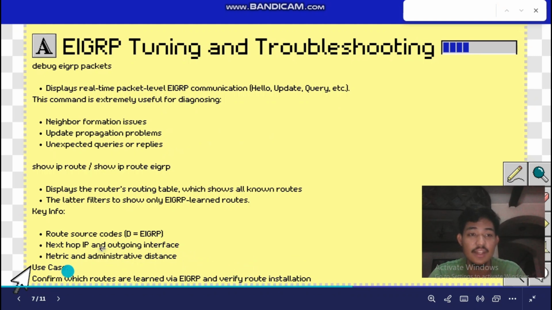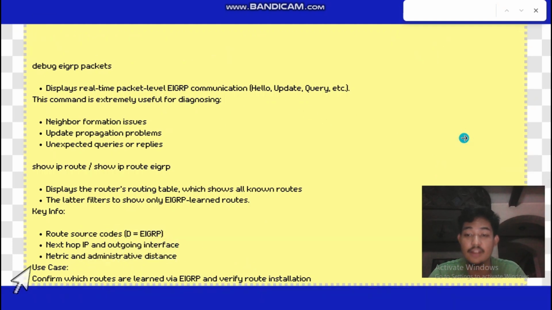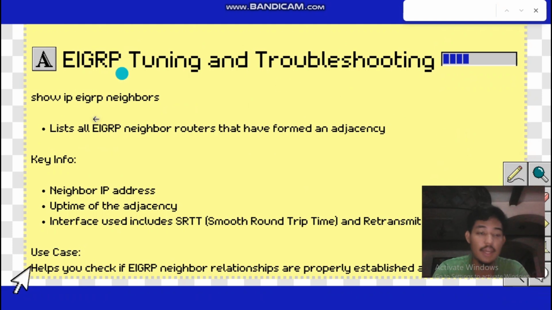The use case is obviously to confirm which routes are learned via EIGRP and to verify that the routes are installed. We also have show ip eigrp neighbors, which lists all EIGRP neighbor routers that have formed an adjacency and have basically joined the network.